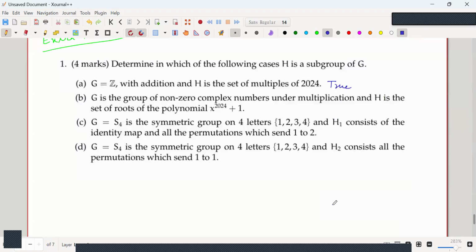Use your favorite trick to determine. So, this is false, since identity is not inside H. Identity won't satisfy this, right? What about the next one?